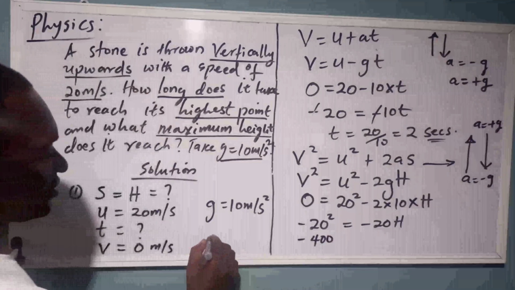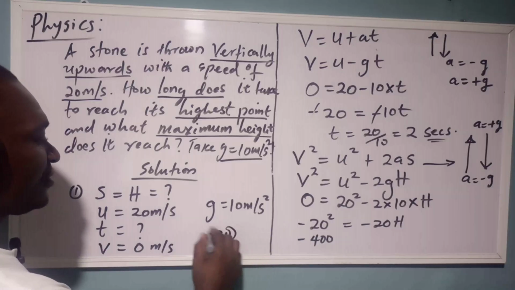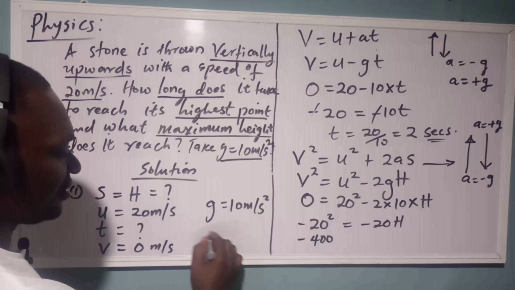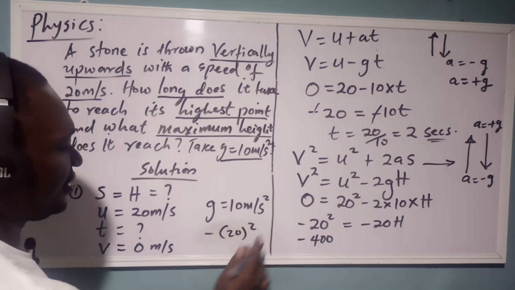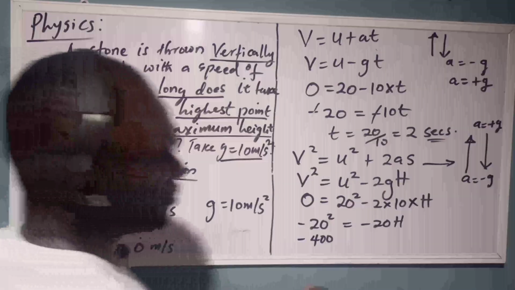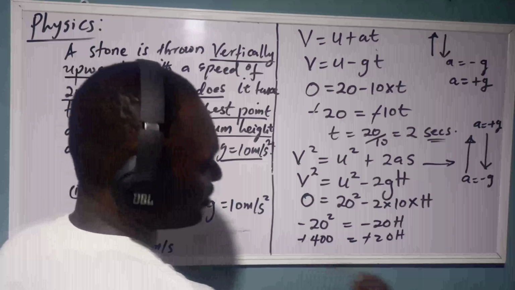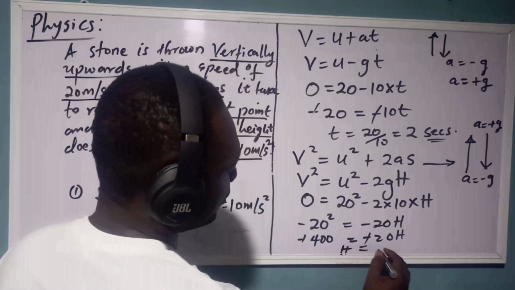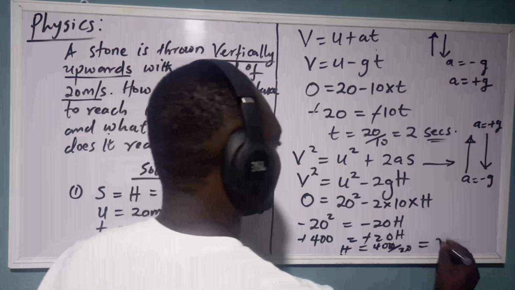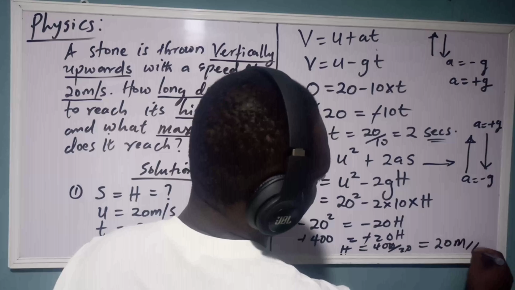Remember, it is not something like this; the minus is outside. So we still have minus 400, and this is going to give you minus 20h. So minus cancels minus, and then your h will be equal to 400 divided by 20, and that gives you 20. So height is 20 meters.